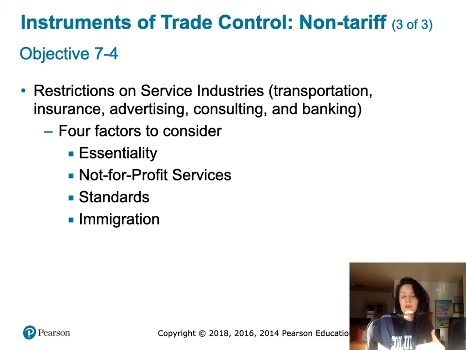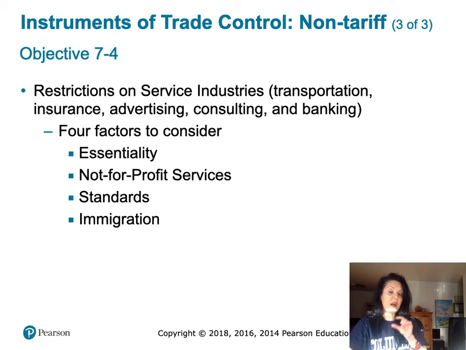One of the examples for the standard argument is the licensing requirements. The licensing requirements include such professionals as accountants, architects, electricians, engineers, hairstylists, lawyers, medical personnel, real estate brokers, and teachers. And then finally, we have the immigration factor that can be used as a justification for imposing restrictions on service industries.